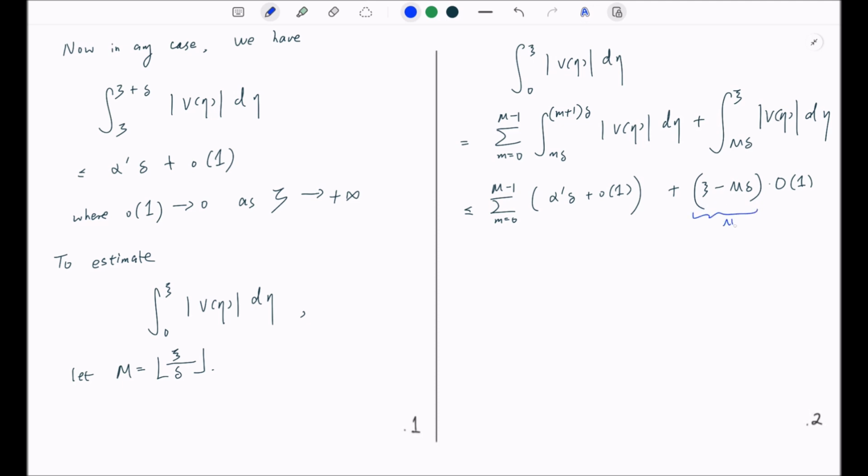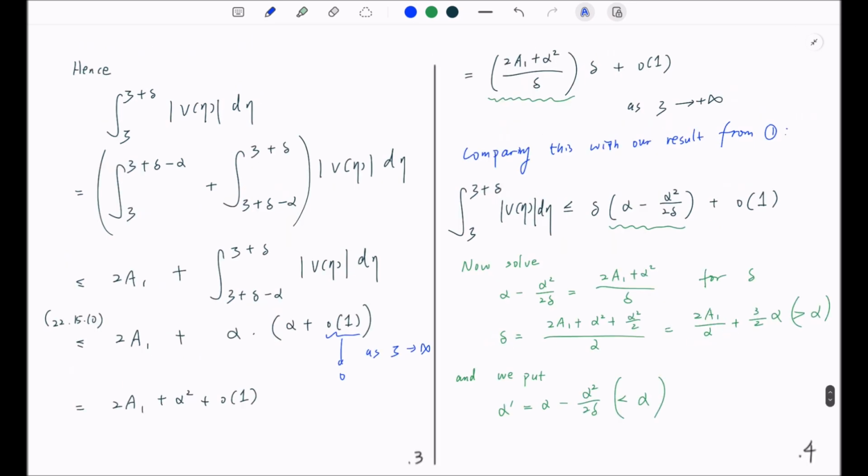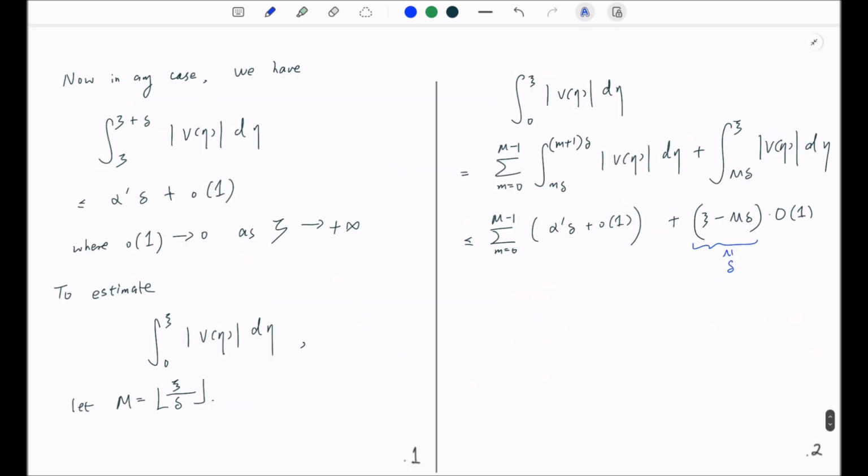So because this guy is less than or equal to delta, and delta is an absolute constant, as we put here, you can merge this guy into big O of 1. So let me just erase it.